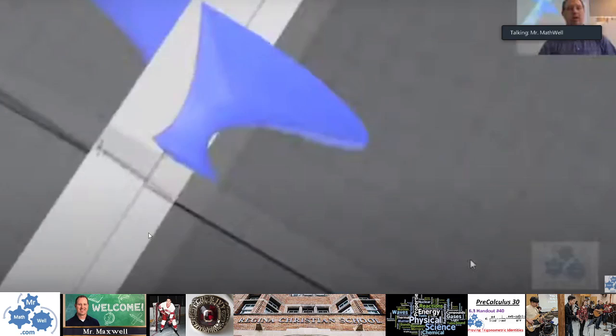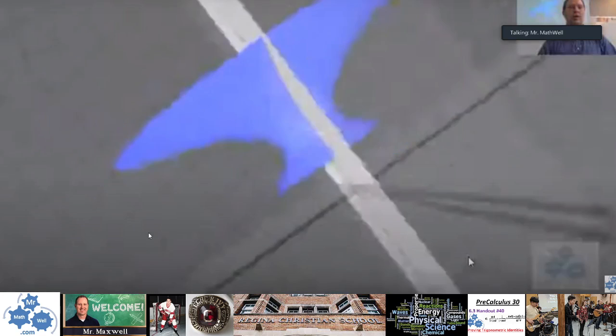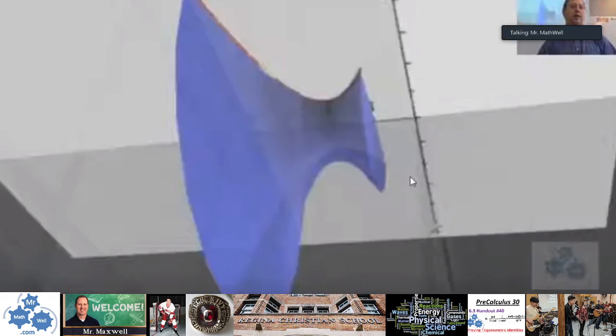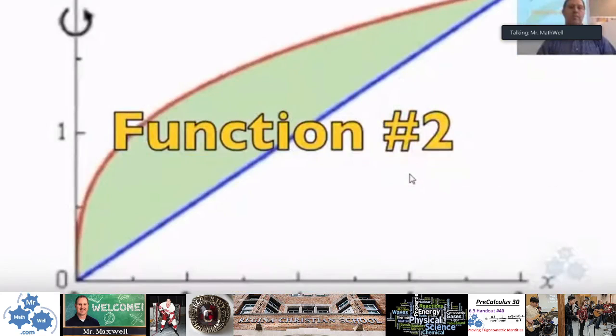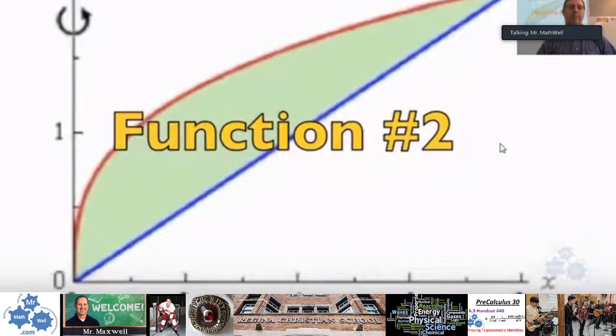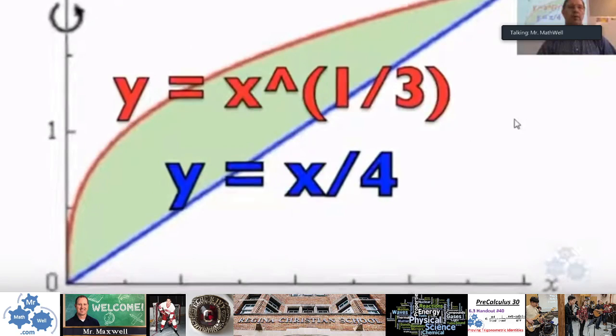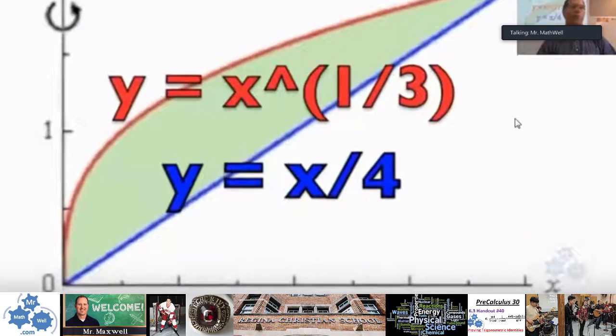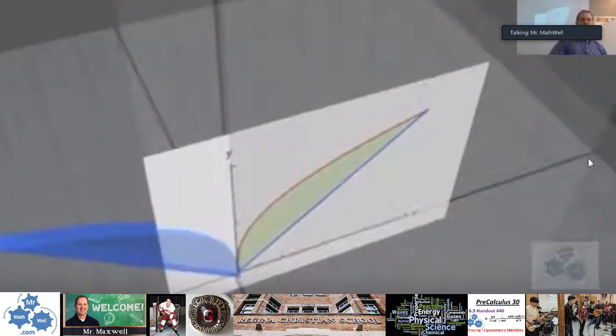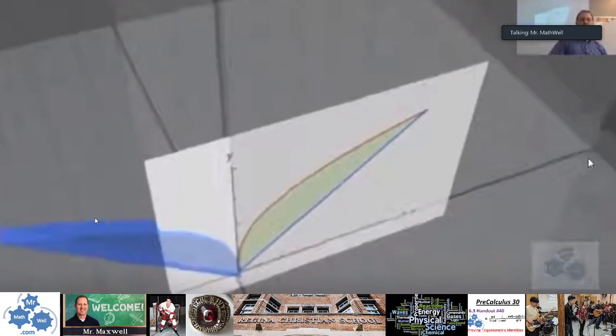The essence of this lesson right now is to find the volumes of solids that are basically regions on the coordinate plane when they're revolved around some axis. So the x-axis is where we're going to start. We're going to take an area and revolve it around the x-axis, but they also could be revolved around the y-axis.